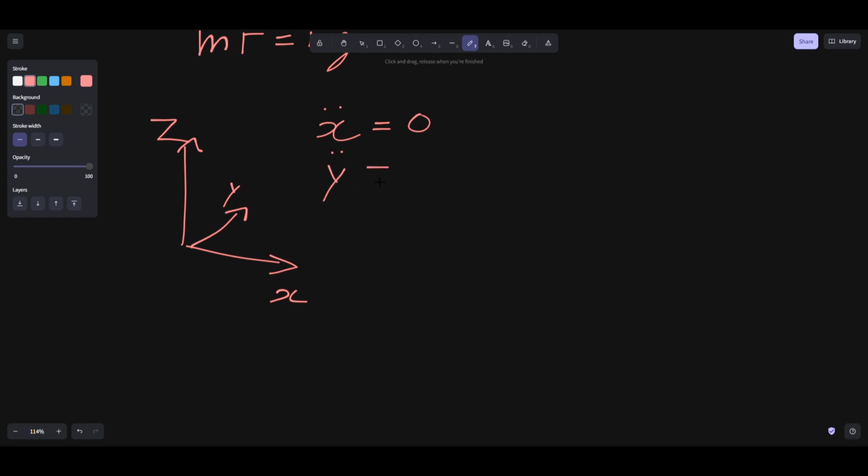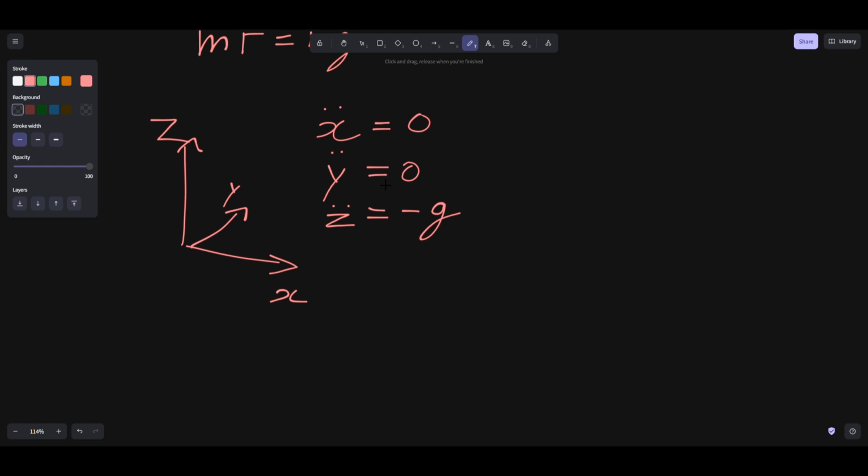The acceleration in the y direction is also equal to 0. And the acceleration in the z direction is equal to minus g, which is 9.81. These are the equations that describe the acceleration.